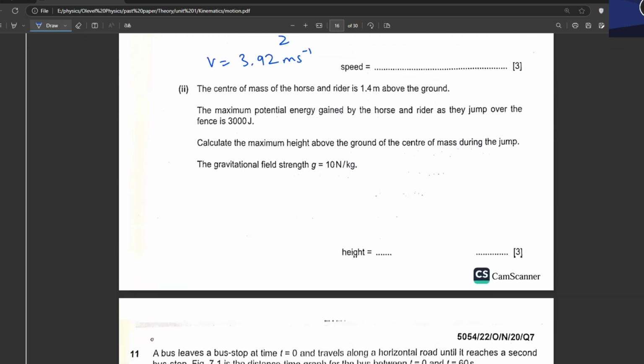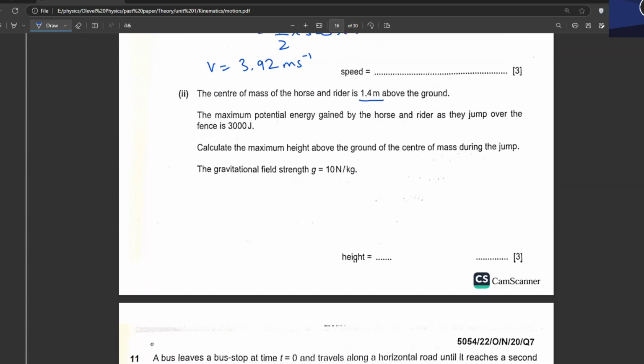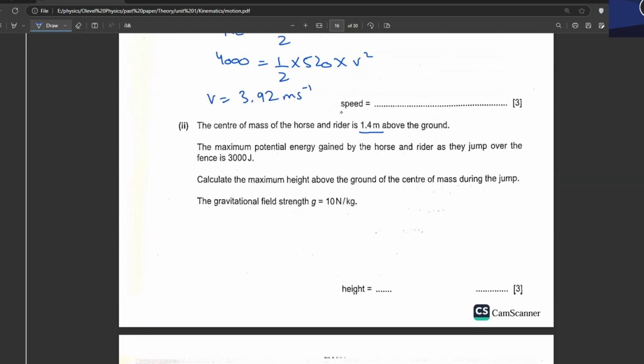Let's see this. The center of mass of the horse and the rider is 1.4 meters above the ground. Okay. The maximum gravitational potential energy gained by the horse and the rider as they jump over the fence is this. Okay. Calculate the maximum height above the ground of the center of mass during the jump. Okay. So the gravitational potential energy is 3000 joules. Formula of gravitational potential energy is mgh.